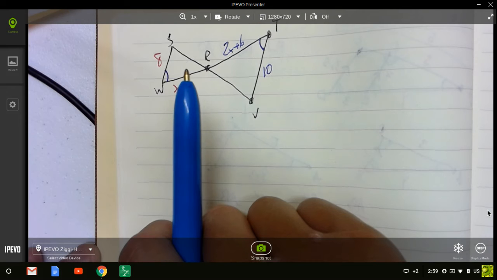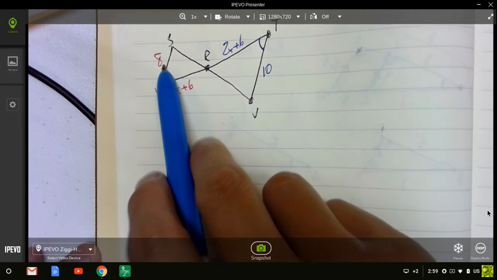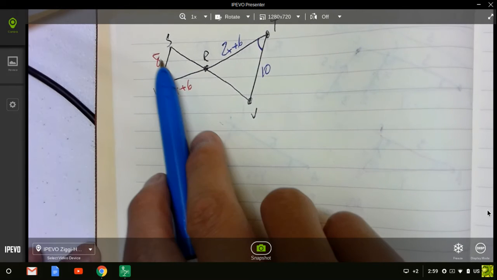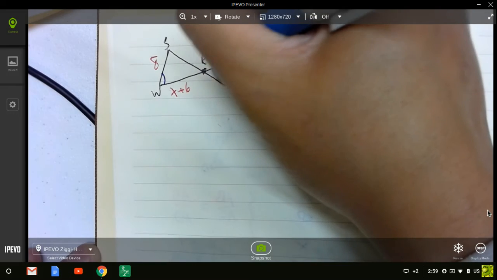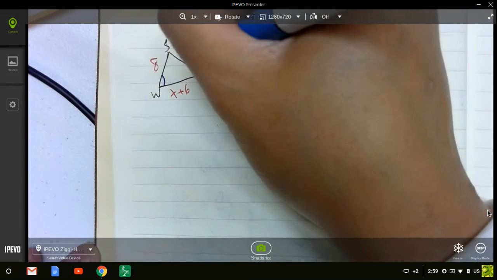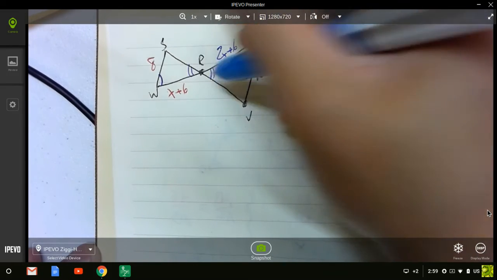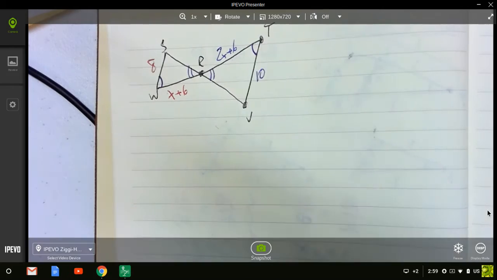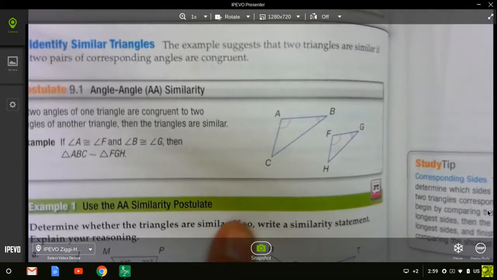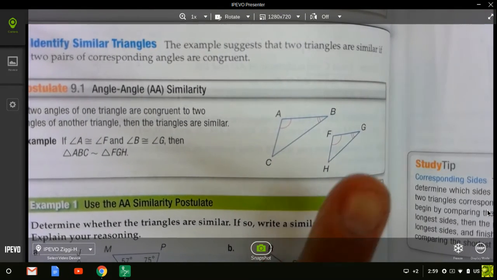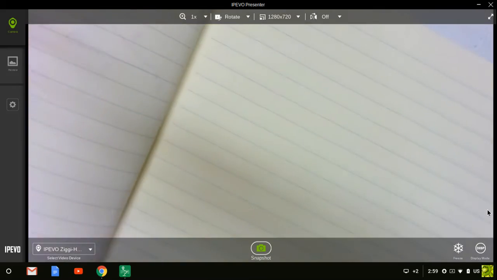Yes, because I don't know if sides SW and TV are actually proportional, but I see vertical angles, which makes these two angles congruent to each other and these two angles. So by the AA similarity theorem, I can say that they're similar.